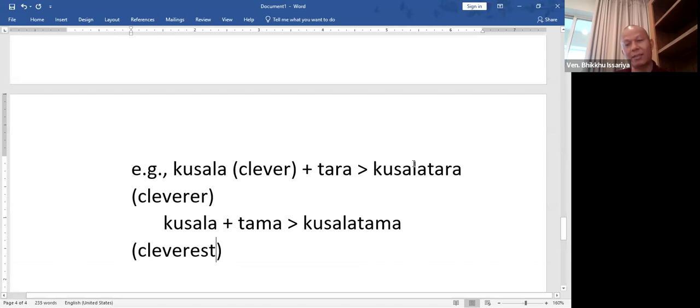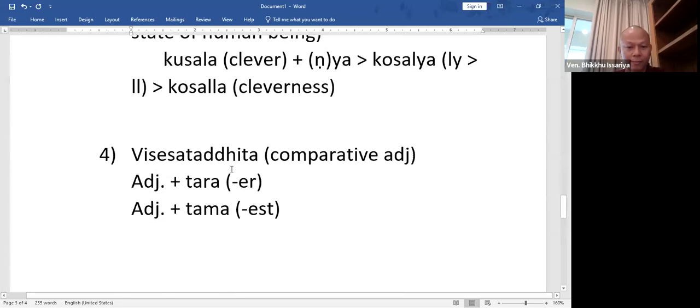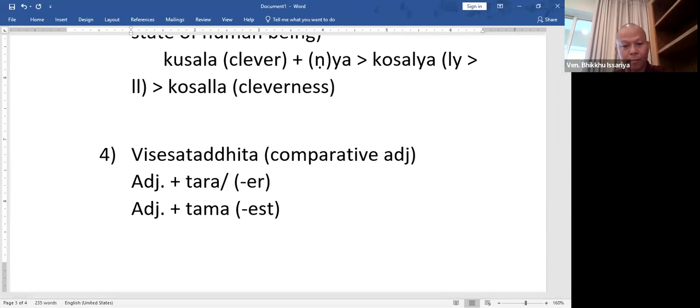This one is the 4th type. This one is also another suffix. Instead of dara, we use iya also. Yeah, iya and the 8th type. It is also for the comparative function.